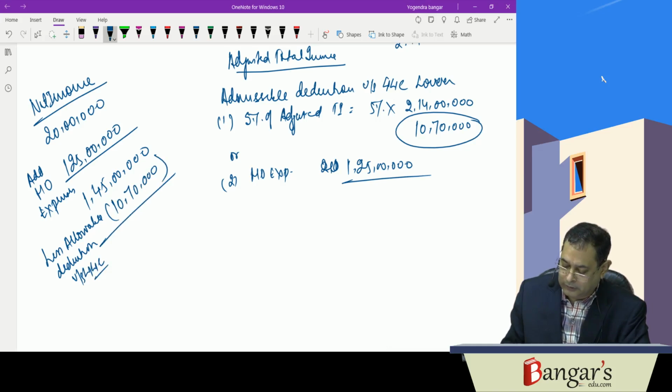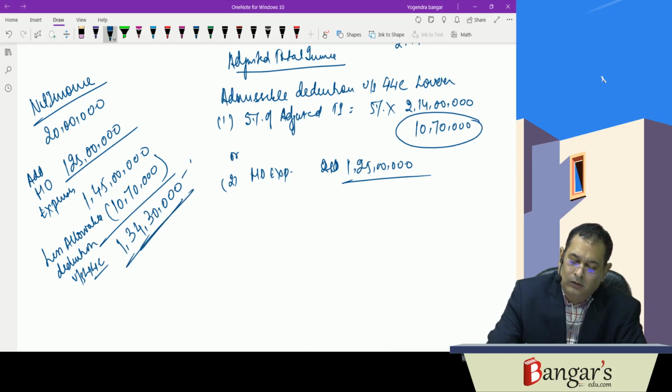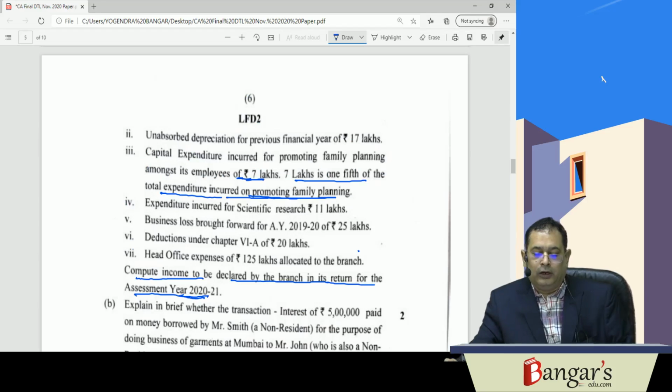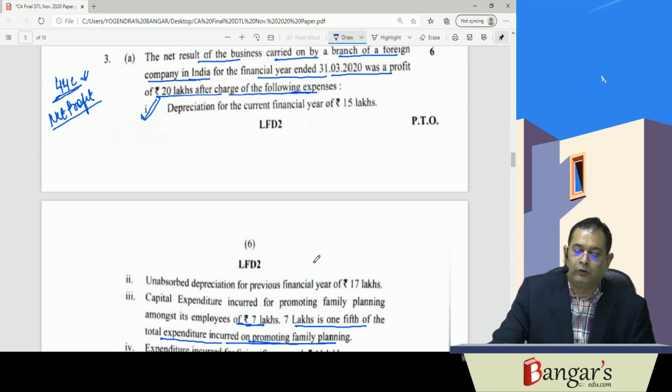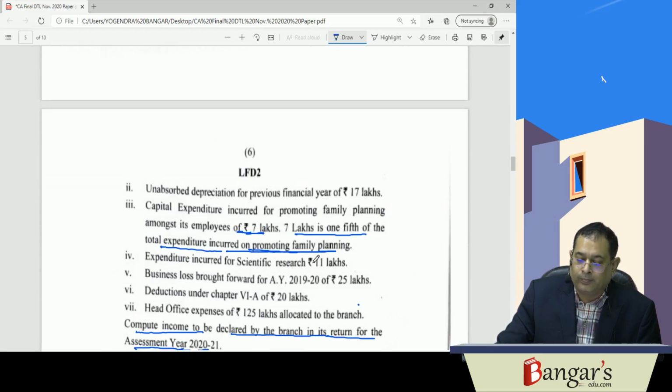That is the allowable deduction. So 145 minus 10.7 gives the income, 134.3 lakhs. This is the total income to be reported by the NR in this particular case. So this was dealing with section 44C. It was a question specifically meant for the provisions of section 44C.